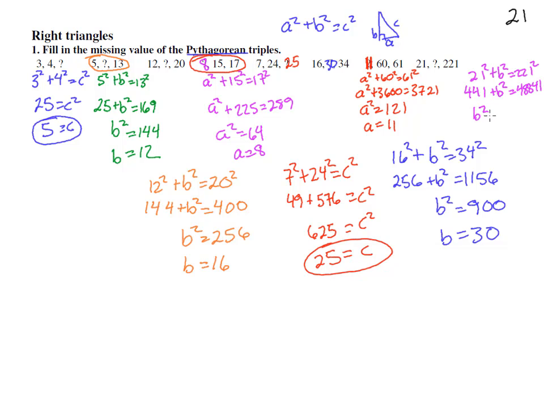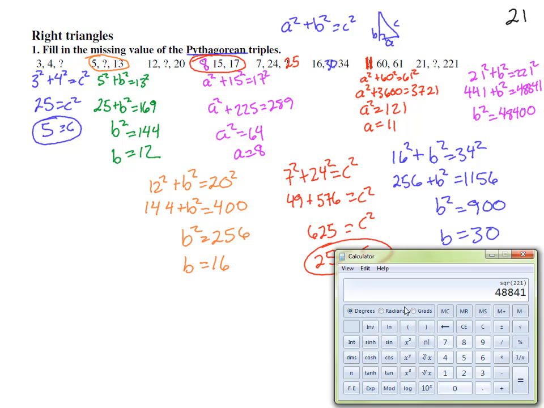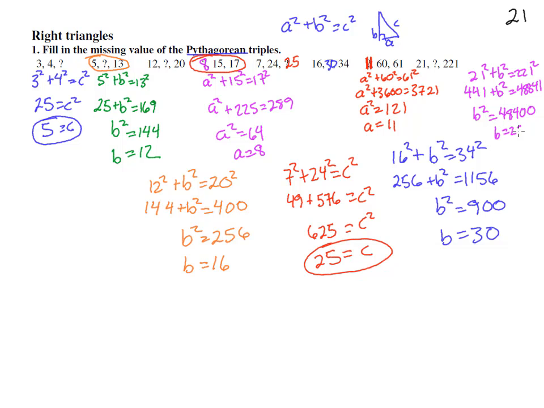B squared then equals, if we subtract 441, 48400. Now we square root that number, and we get 220. Wow, that actually came out to be equal. Good, so there's a 220 there.